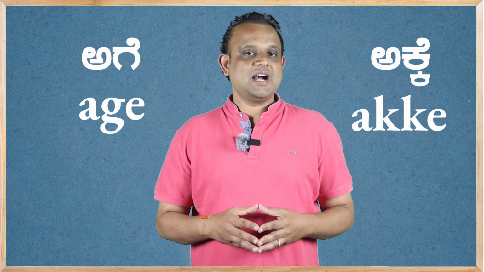There are four primary forms of dative markers: ge, ige, age and akke. Along with this, you observed how different vowel ending words use the dative mark. All nouns ending in e and a, whether human or non-human, use the dative marker ge.